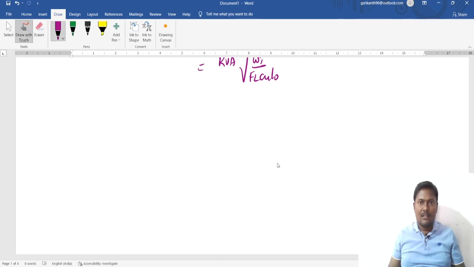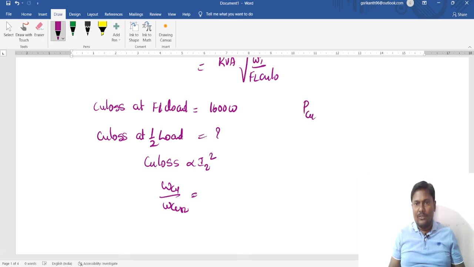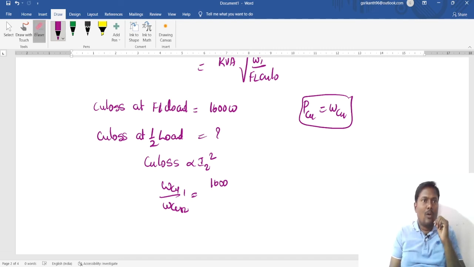See, copper loss at full load is 1600 watts, and the copper loss at half load is how much? We know that copper loss is directly proportional to I2 square. WCU1 divided by WCU2, in this PCU and WCU both are the same, 1 divided by 2 is equal to 1600 watts.